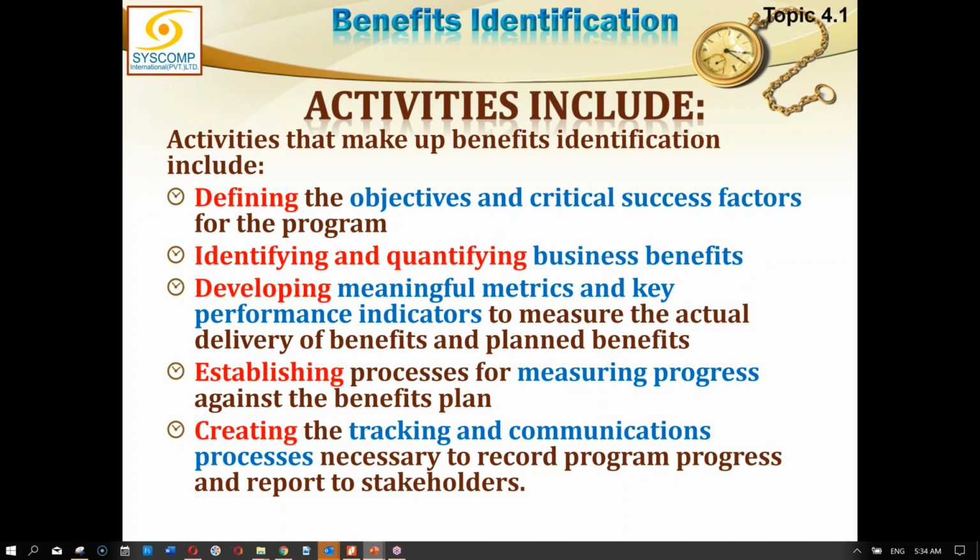So there could be some attributes about each benefit you have to put into the benefit register. So: defining the objectives and critical success factors for the program, identifying and quantifying business benefits, developing meaningful metrics and key performance indicators.